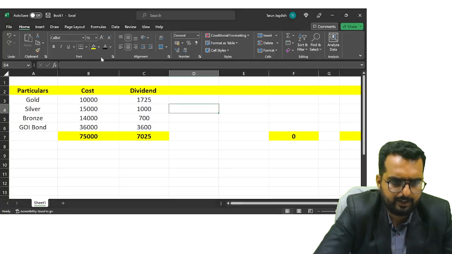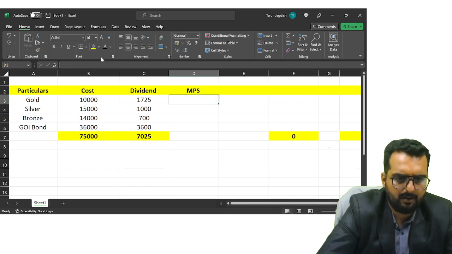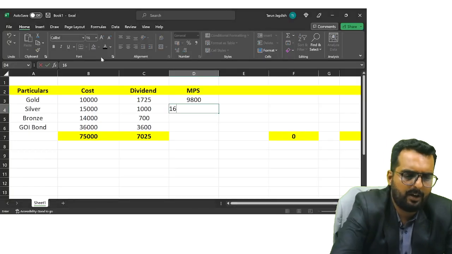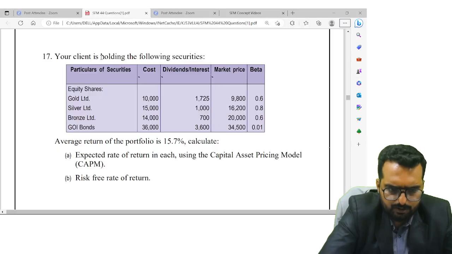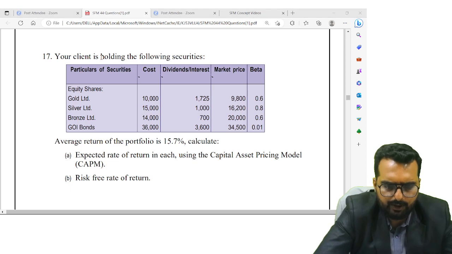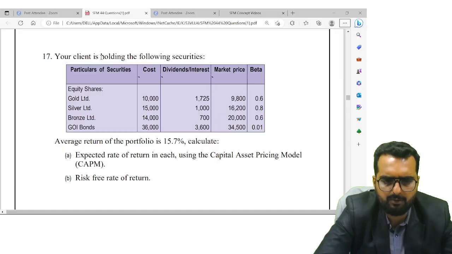Okay. Then you have the market price. Market price will be 9,800. Okay. Then you have 16,200. Then you have 20,000. Then you have 34,500. Okay. Then what is the total that you get? 80,500 is what you will get.